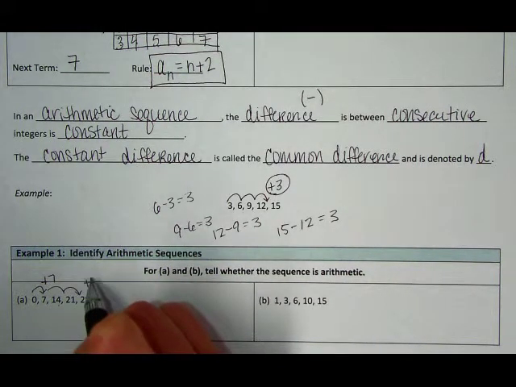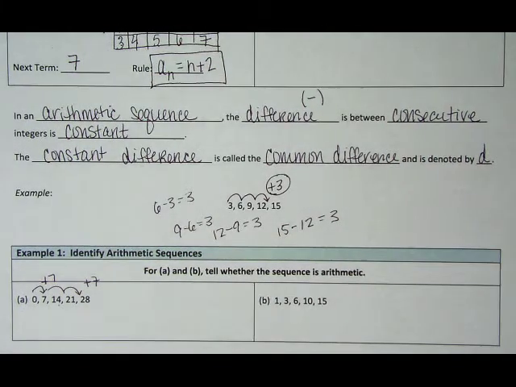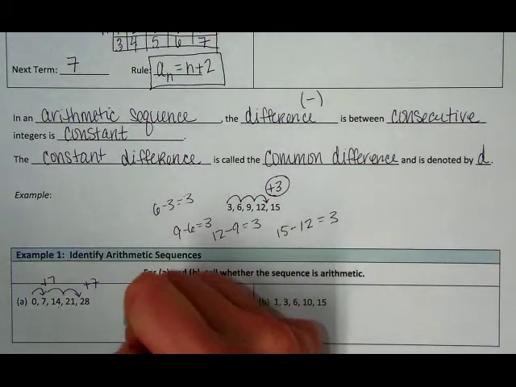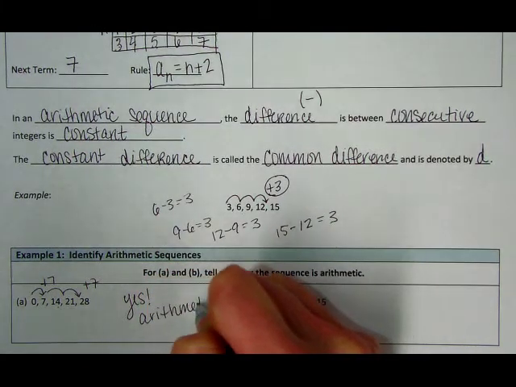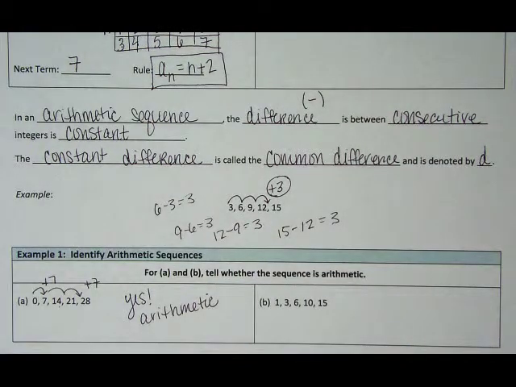For all of these, we're adding a constant value to the next one, which means my common difference is positive 7. Because the difference between the consecutive numbers is constant, yes, it is arithmetic. It's a plus 7. We're getting bigger.